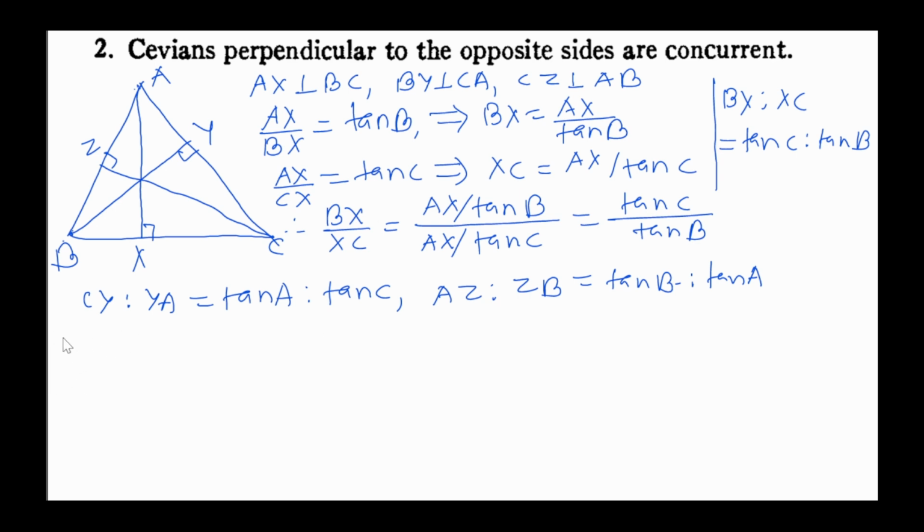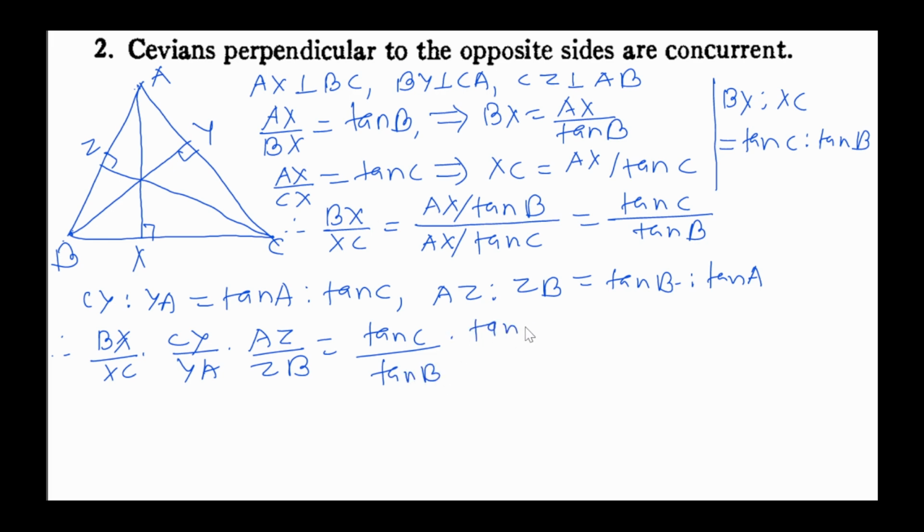Therefore, BX upon XC into CY upon YA into AZ upon ZB is equal to, we'll write each ratio, that is tan C upon tan B into tan A divided by tan C, and AZ upon ZB is tan B upon tan A. Now we'll cancel out the same terms from the numerator and denominator, that is tan C upon tan C, tan A upon tan A, tan B upon tan B, and that is equal to 1.